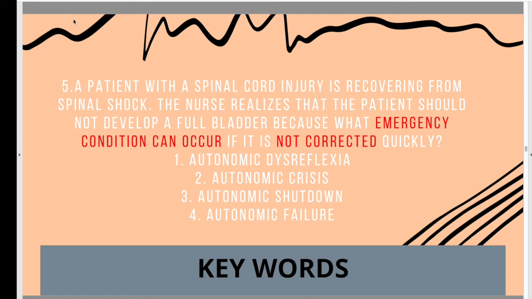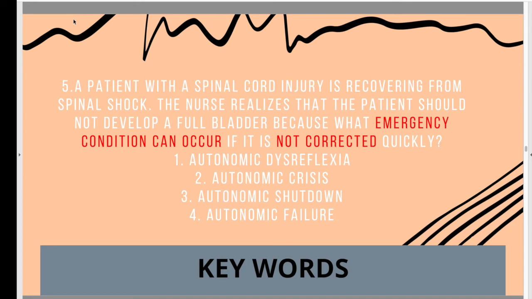We should remember to prevent a distended bladder when caring for spinal cord injury patients, in order to prevent this chain of events that lead to autonomic dysreflexia. So we should track urinary output carefully, and routine use of bladder scanning can help prevent the occurrence.